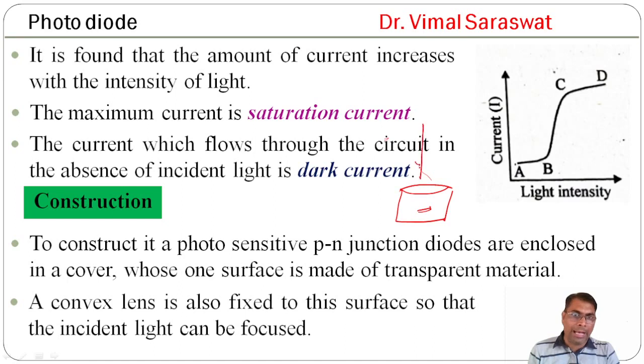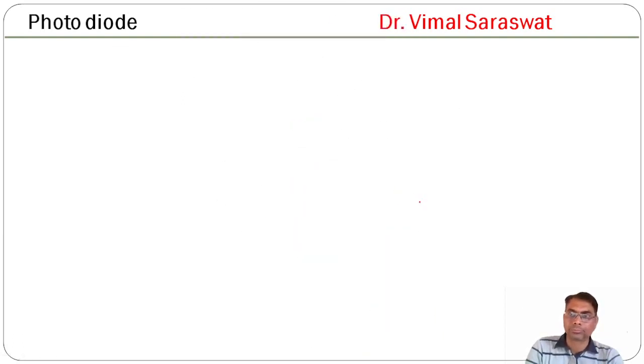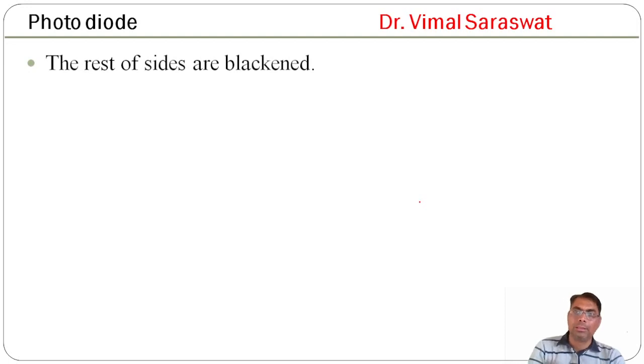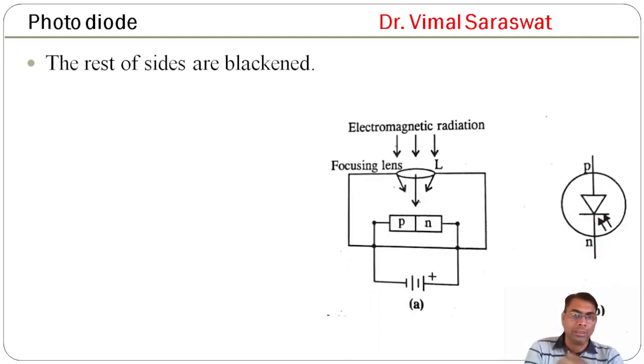When light falls on it, the whole light is focused, and this focused light falls on the photosensitive material of the diode. The rest of the sides are blackened. This was our diagram. So here we have a photosensitive p-n junction diode.